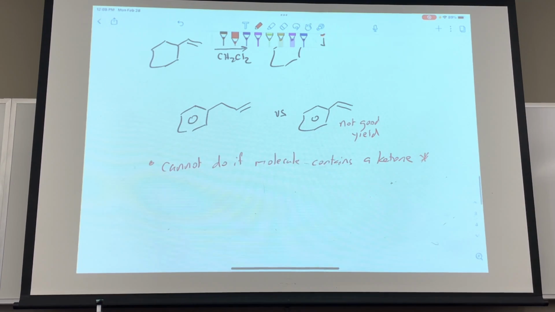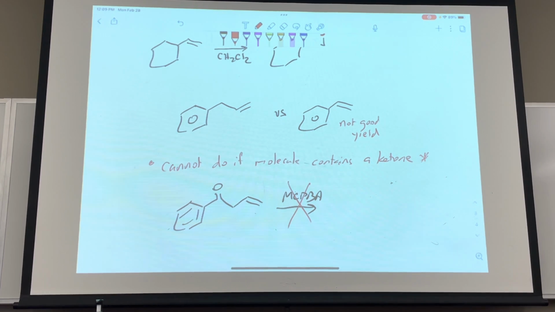For instance, if you were going to try to do this reaction, it would not work.